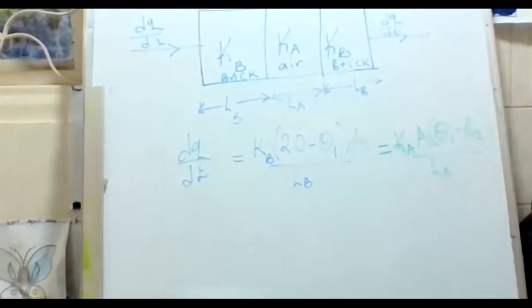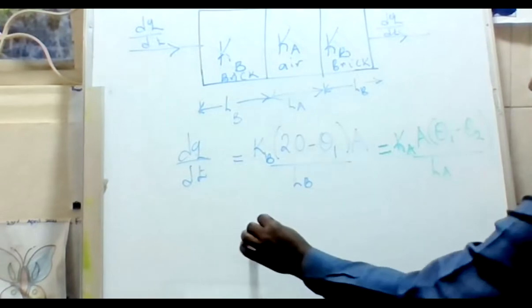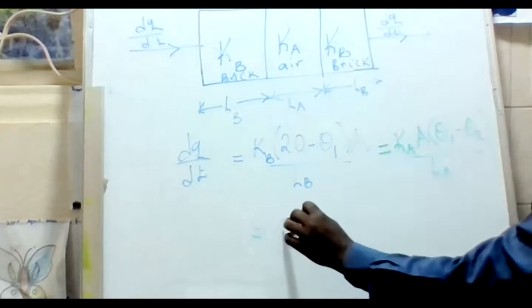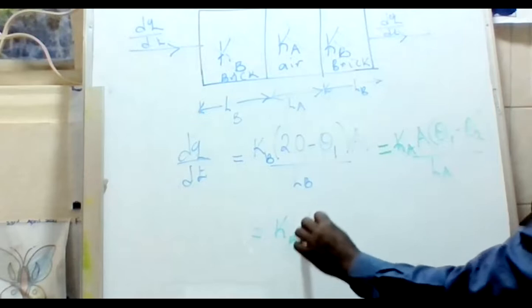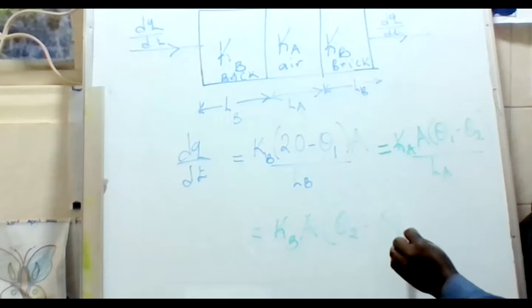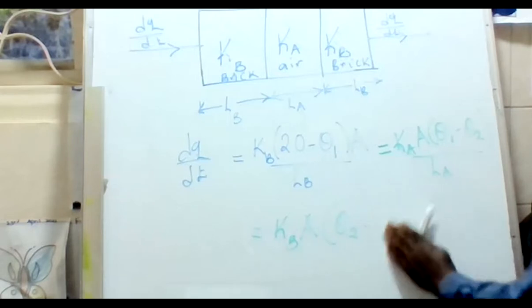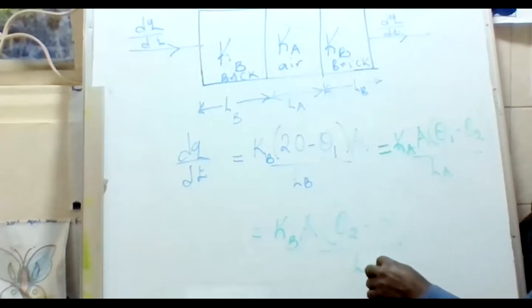This will still be equal to the heat flow here, which is also K_B times A times the temperature gradient, θ2 minus 5 degrees Celsius, divided by the length L_B of that conductor.